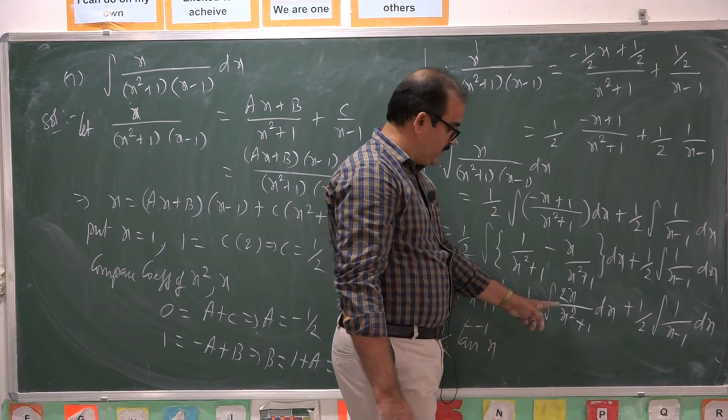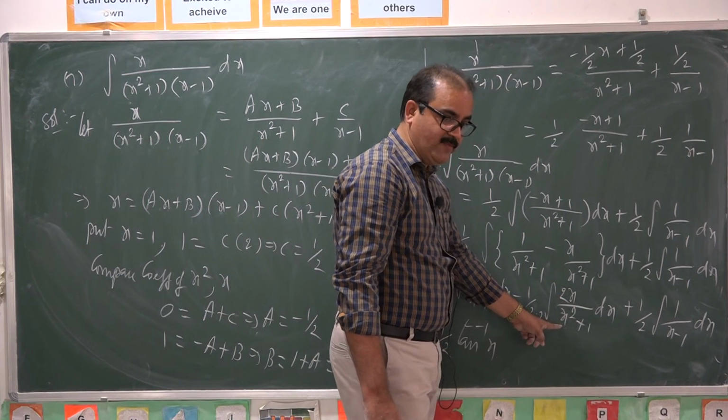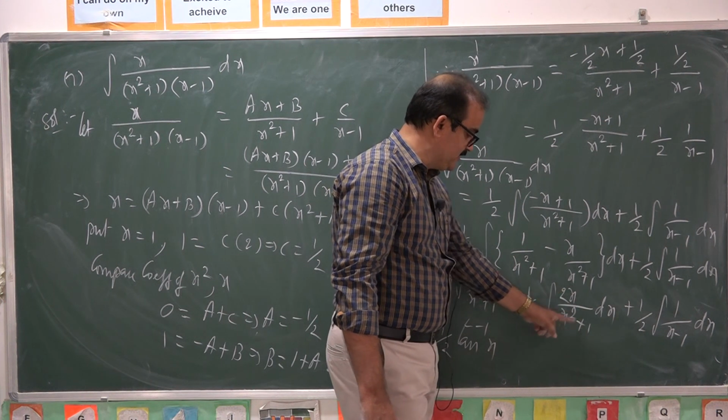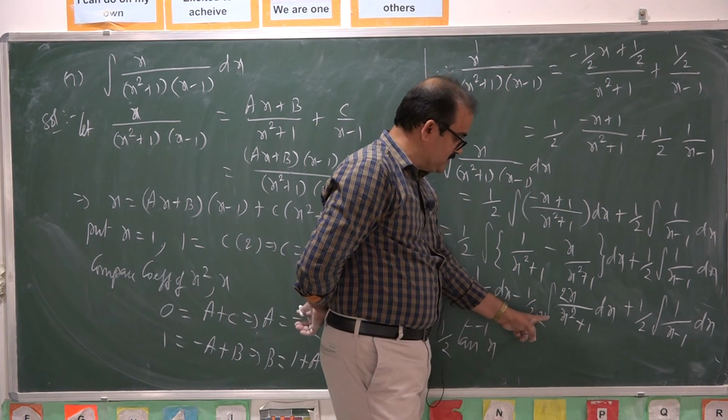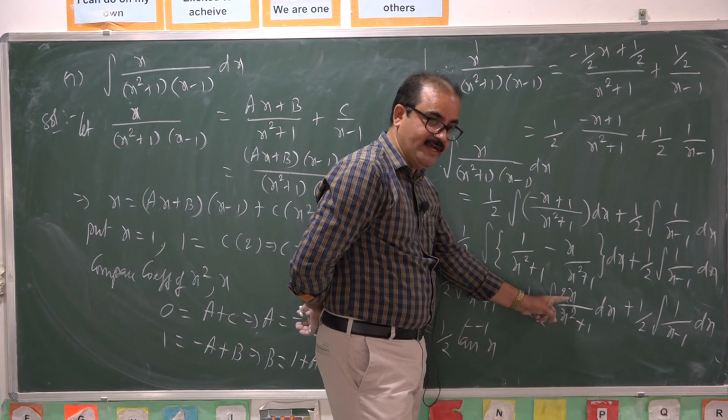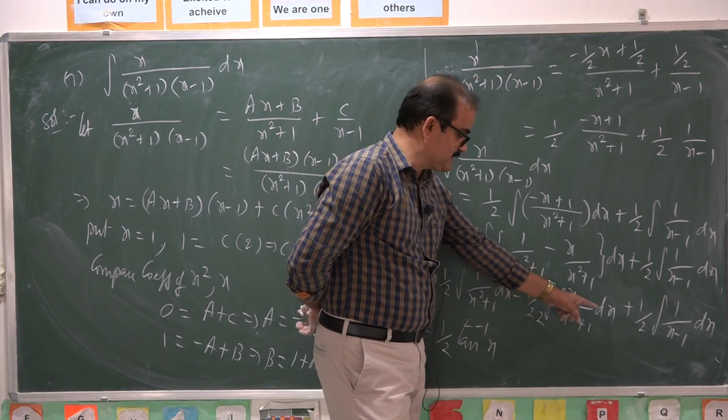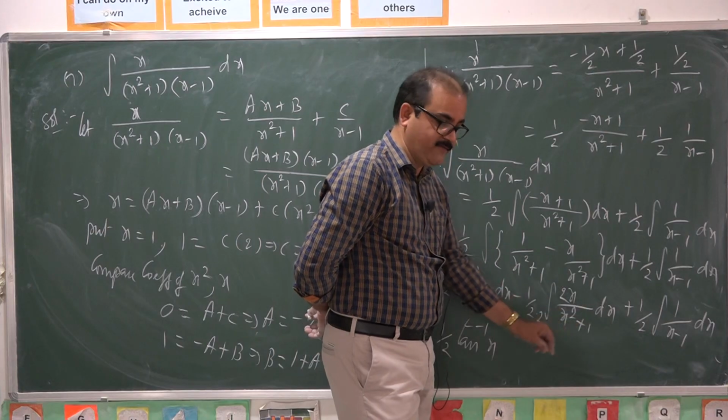If the numerator is the derivative of the denominator, then the integral is log of the denominator, because it is in the form of integral f dash x by f of x dx, that is equal to log mod f of x.